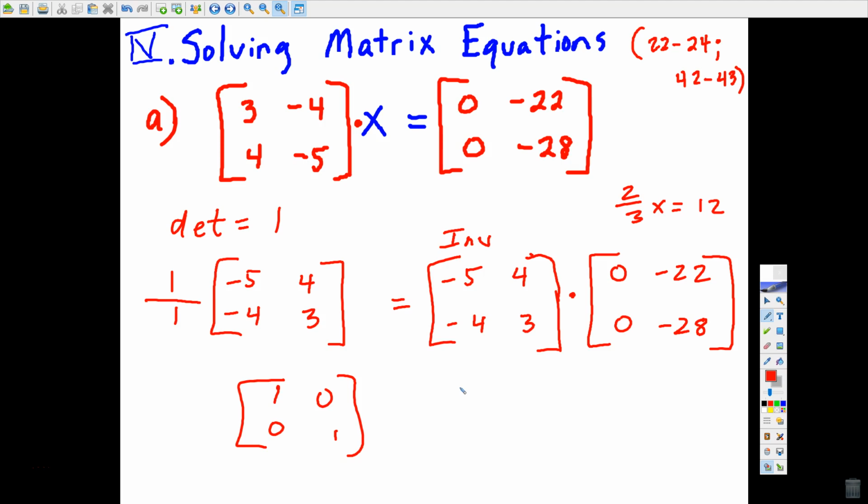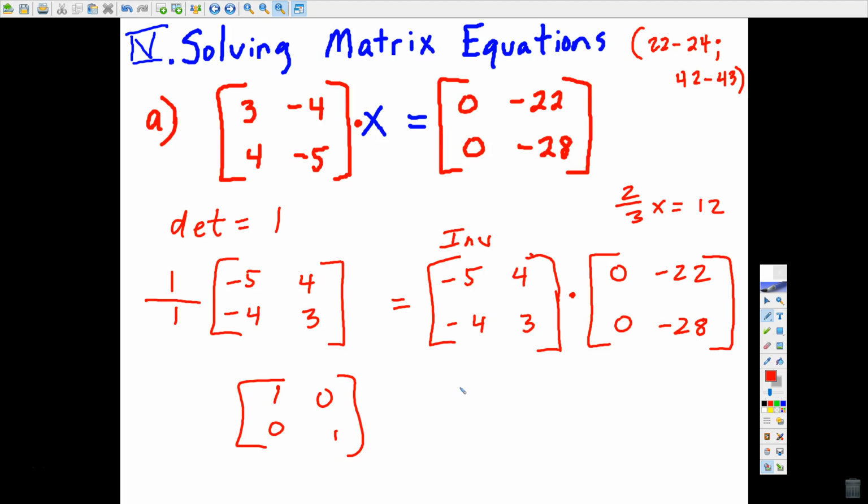What I'm about to say is crucial, and it's a commonly made mistake, so you might want to write yourself a note. Do you notice that when I'm setting up multiplication here, it's inverse times the matrix on the right side of the equation? I purposely, intentionally wrote the inverse on the left before I start multiplying. That has to be true. If that's not true, you're going to get the wrong answer.